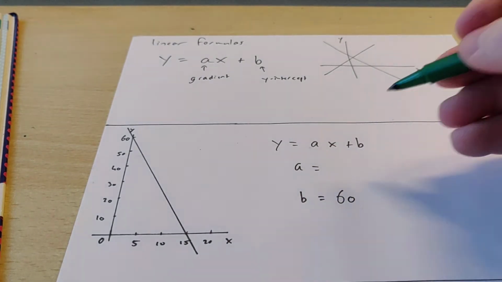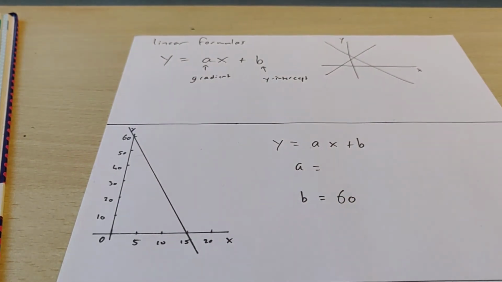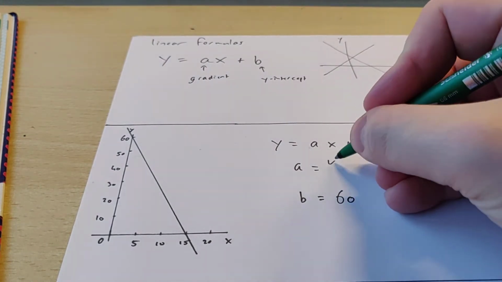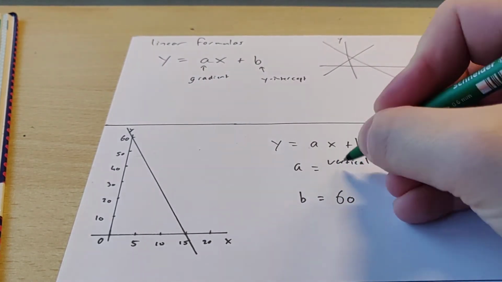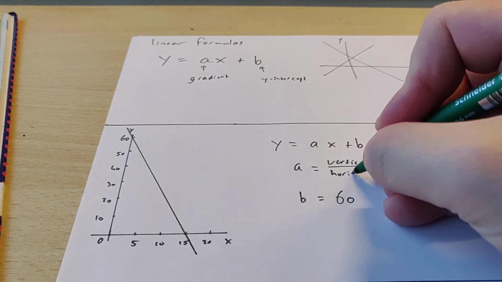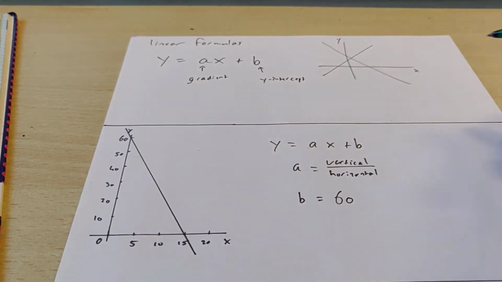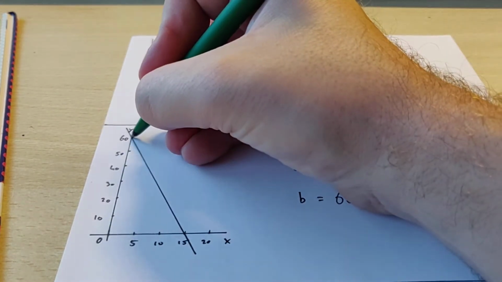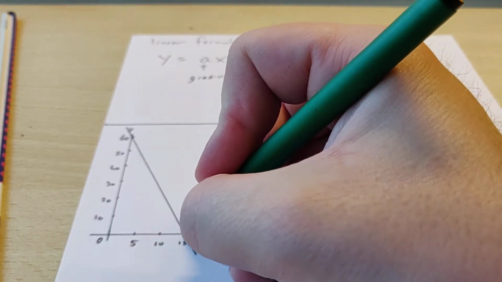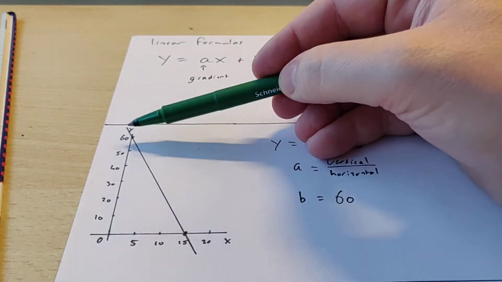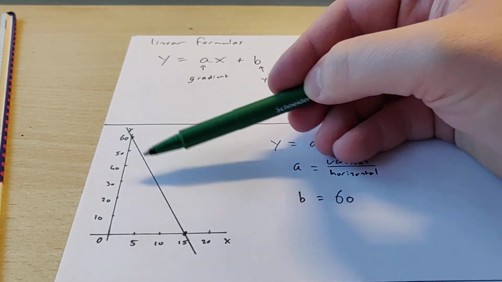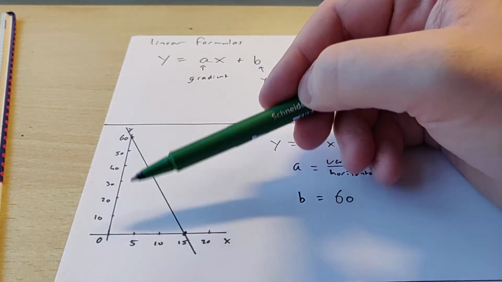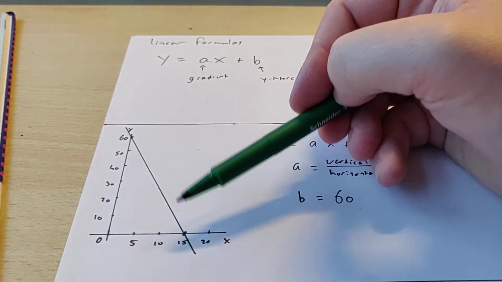Alright? Then, the a is the gradient. Now to calculate the gradient, you have to do the following thing. I'm going to write down vertical divided by horizontal. And what that means is, we need to take a look at 2 points. I'm going to take a look at that point, and I'm going to take a look at this point, and then we're going to compare those 2 points with each other to see what the vertical change is if you go from here to there, and also what the horizontal change is.